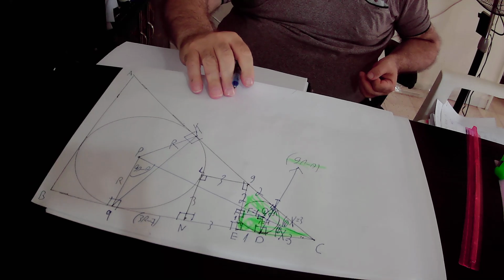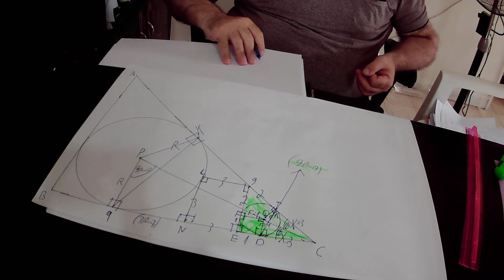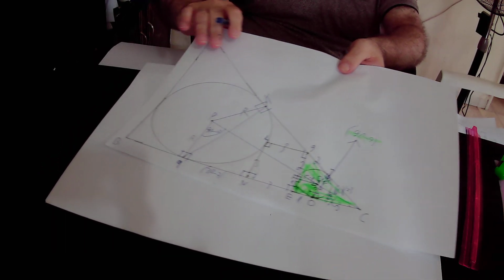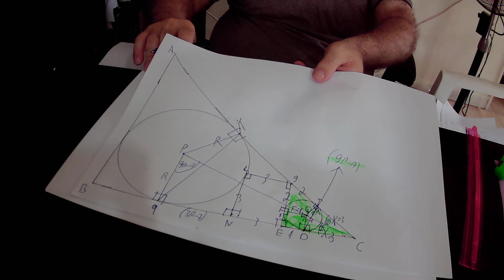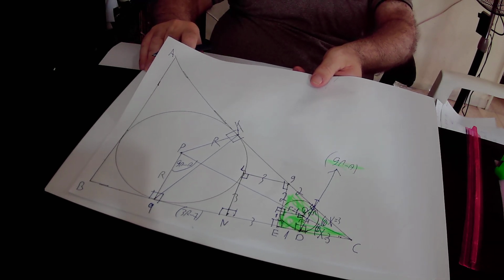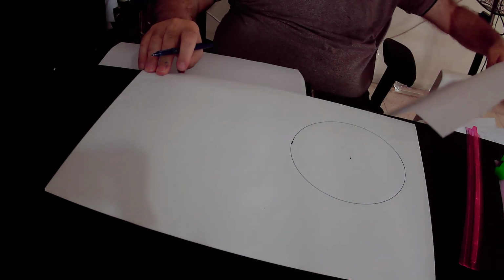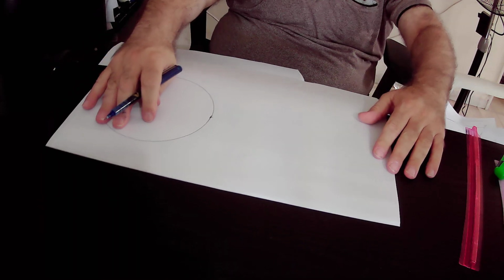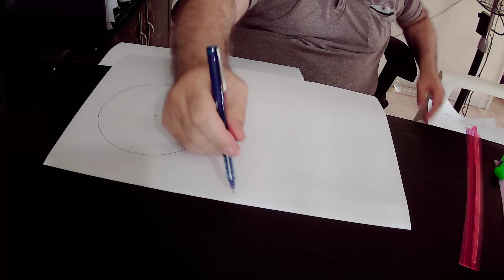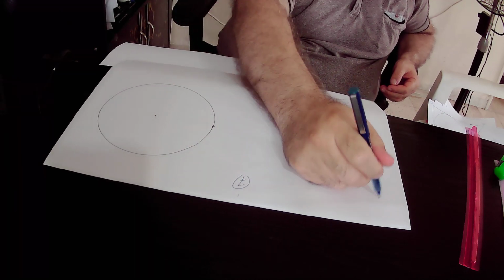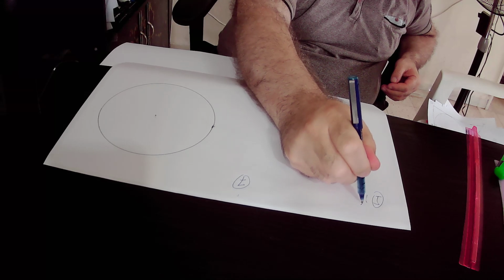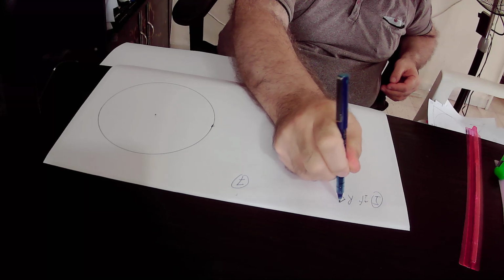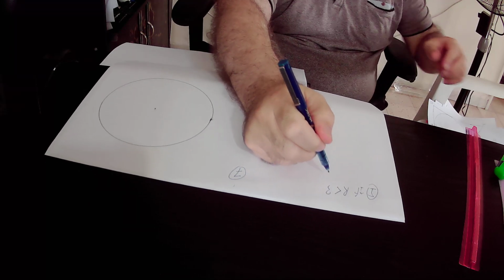Okay, so we start with the first possibility, that the radius of this big circle is less than 3 units. Here, according to our assumption, R is smaller than 3 units.